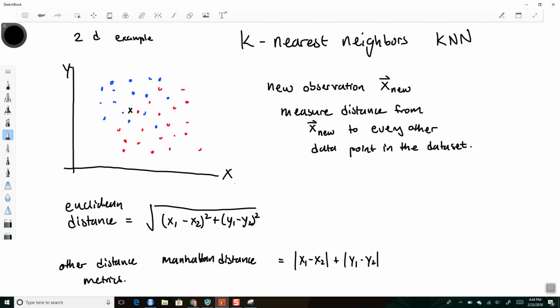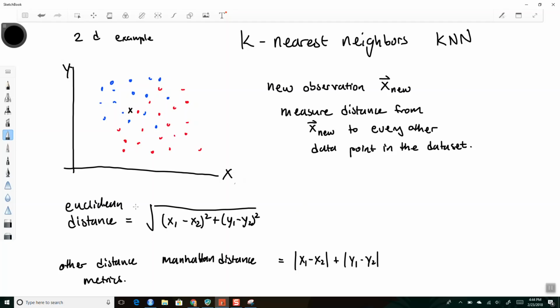Right? They call it Manhattan distance because it's like how many blocks do you have to walk in Manhattan, because you can't walk diagonally through a skyscraper. So Euclidean distance would be as the crow flies, and this is like I'm driving on a grid. Anyway, you have different distance metrics.